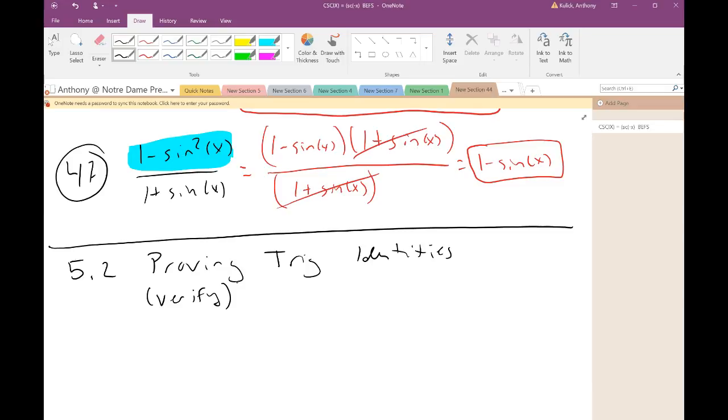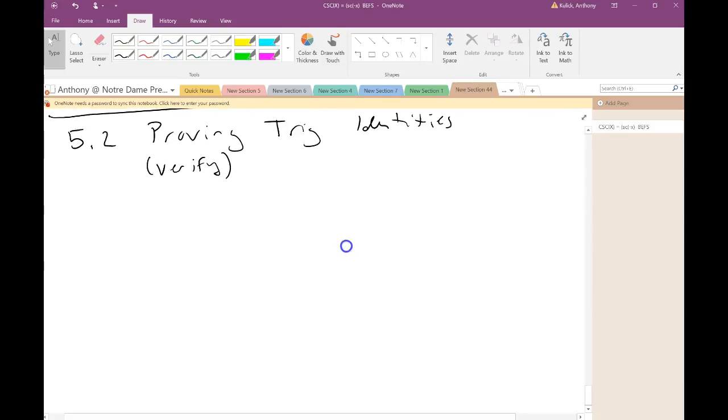They're not so bad because all the tools that we're going to use are just the trig identities from the sheet that we gave you before. So that's going to be our tools. And it's going to be like an algebraic proof style rather than like a geometric proof style.